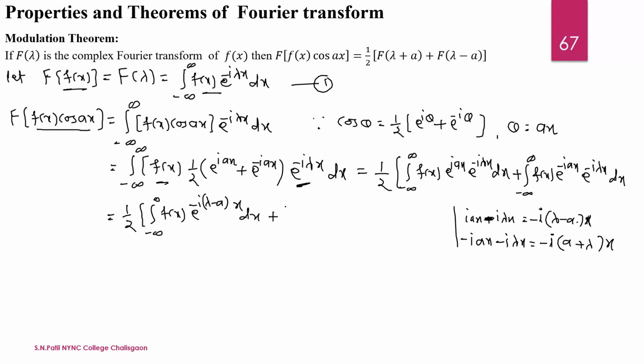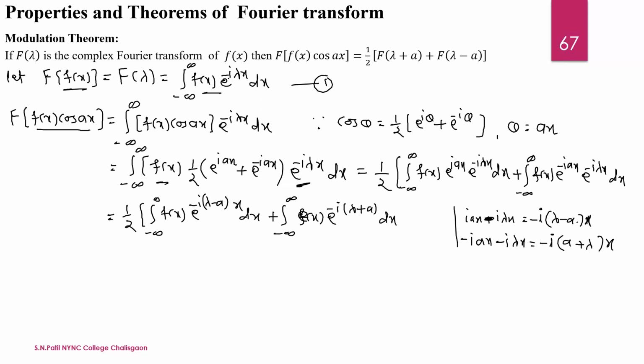Now plus, in the second term, integral from minus infinity to plus infinity f of x e to the power minus I lambda plus a x, with respect to x.